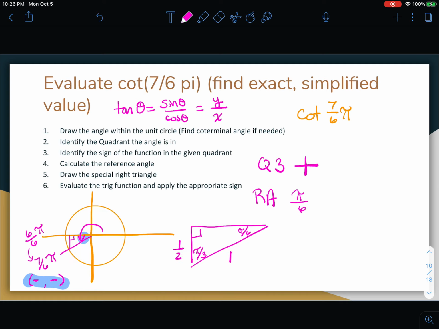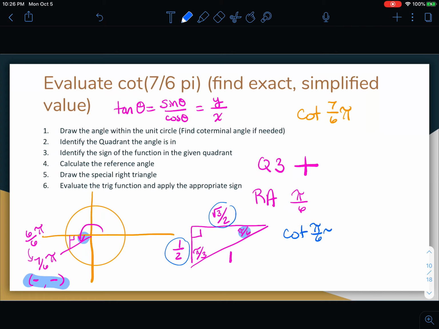The tiniest angle has the tiniest side. This, of course, is 1 because we're in a unit circle. And this is radical 3 over 2. Okay, again, here's the angle we're looking at because we're just in this little special right triangle with that reference angle. So if I wanted the cotangent, instead of the opposite over the adjacent, I'm going to do the reverse.